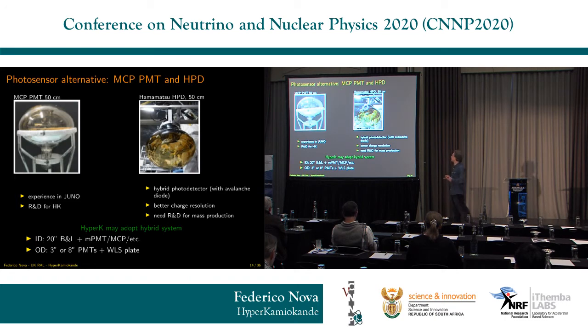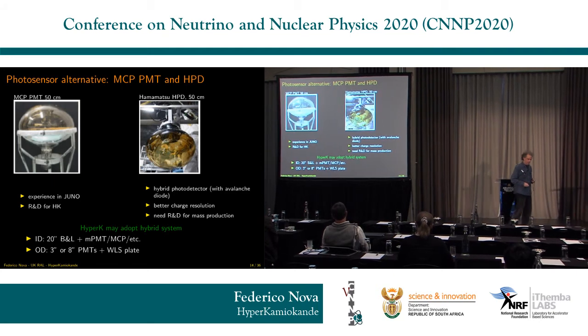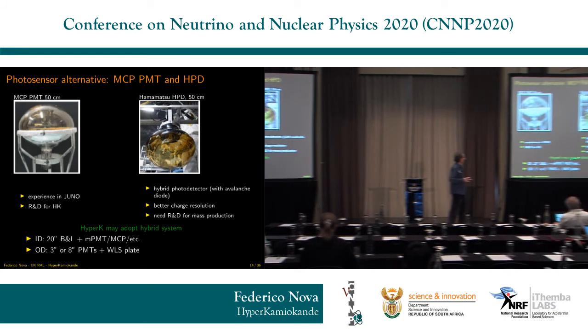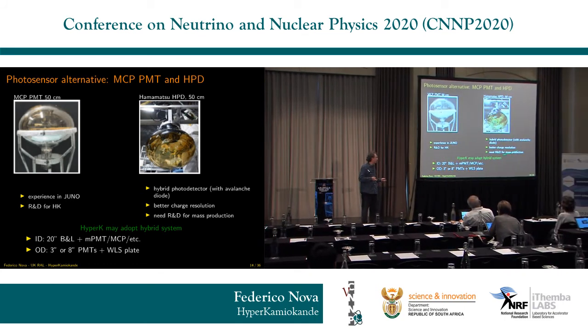And still there are other alternatives, like these Chinese multi-channel plate PMTs that are used in JUNO, and these hybrid PMTs that have an avalanche diode at the back for the multiplication stage. We haven't decided yet, but it's likely that Hyper-K will adopt a hybrid system in which the ID wall is a combination of different photosensors.